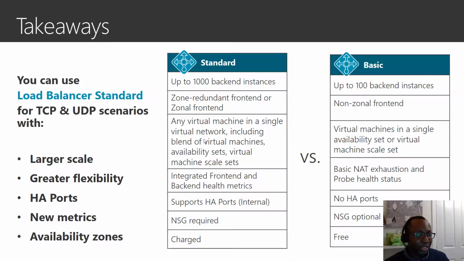In terms of virtual machine instances, the basic is limited to virtual machines in a single availability set, and it's limited to a single virtual network, so you cannot load balance across virtual networks. But the standard can extend to a blend of virtual machines, availability sets, virtual machine scale sets. It doesn't matter. You can load balance across them.